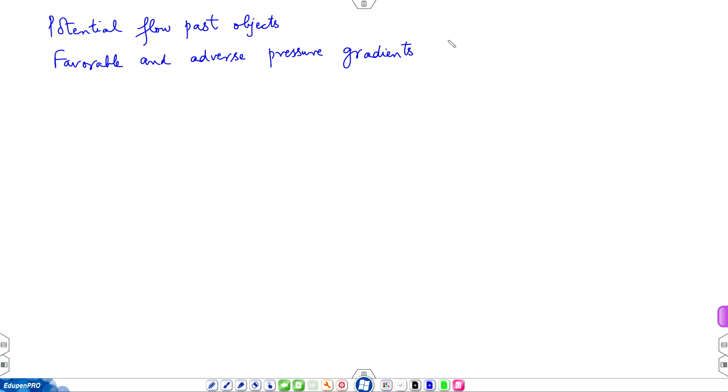So, to explain the departure of experiments from theory, we looked at the flow field in some more detail, giving rise to boundary layer theory. Where we found that there is a thin region very close to the wall where viscous effects are important, where vorticity is not 0.